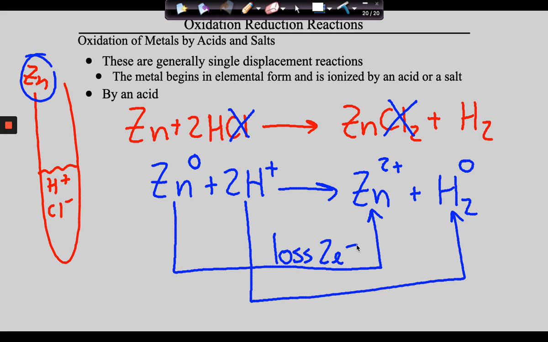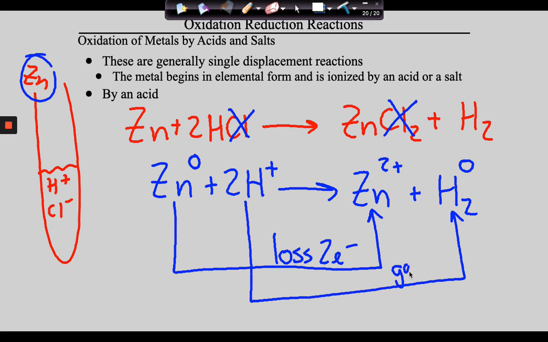Now, here we have hydrogen going from +1 to 0. For a hydrogen to go from +1 to 0, how many electrons does it pick up? 1. Where did the other electron go that was lost by zinc? To another hydrogen ion. It's 2 hydrogen ions. Each of those hydrogen ions gain 1 electron, and that's where the H2 comes from.